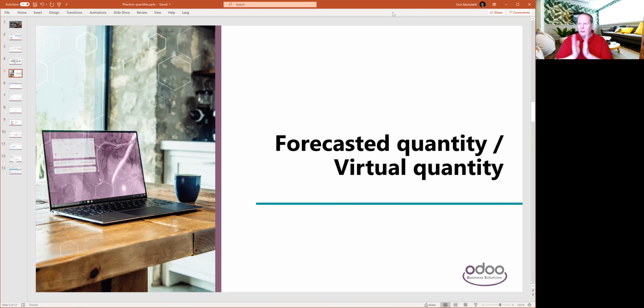So to understand what was going on, we have to understand what it exactly means to have the forecasted quantity or virtual quantity in Odoo. Let's take a look at these and understand the concept.